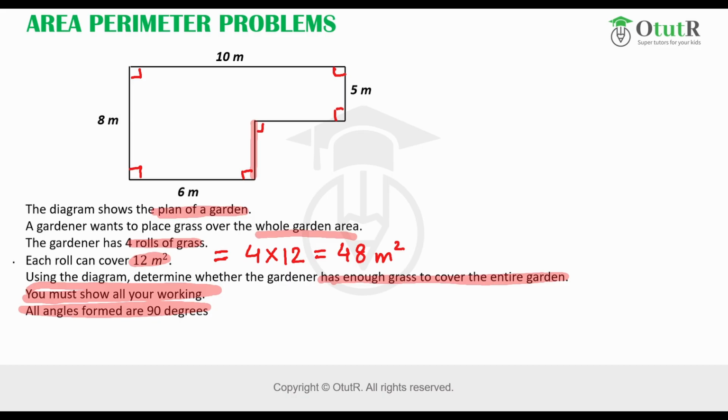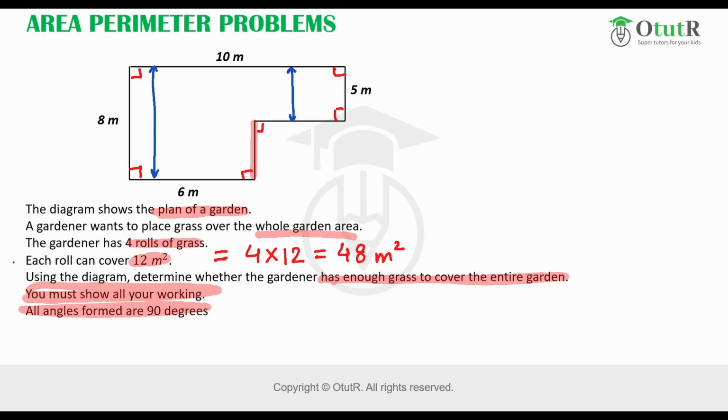Okay, how are we going to do that? We know the length of this particular side, right? It's 8, and we also know the length of this particular side, which is 5, right? Let me write it in a. So we know this particular side and we know this particular side, right?